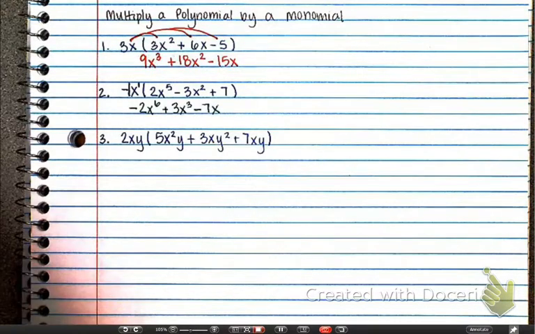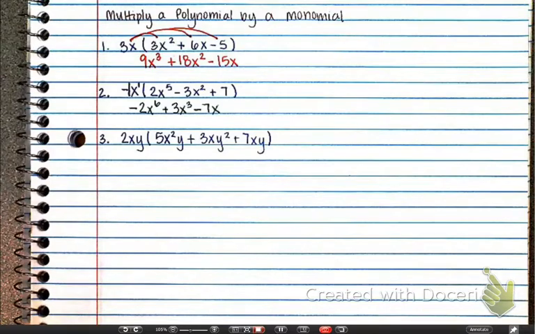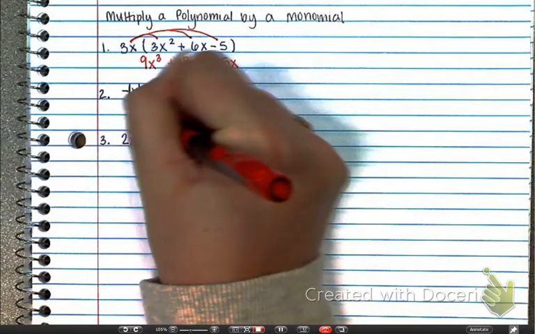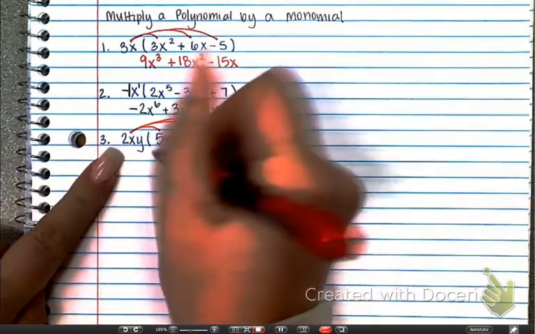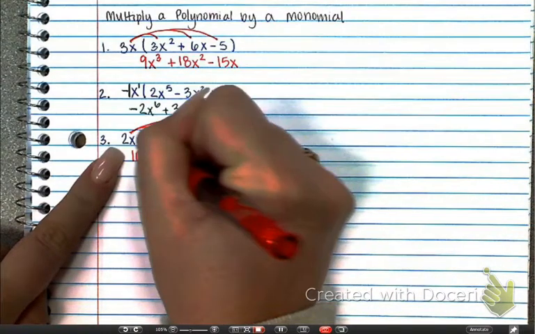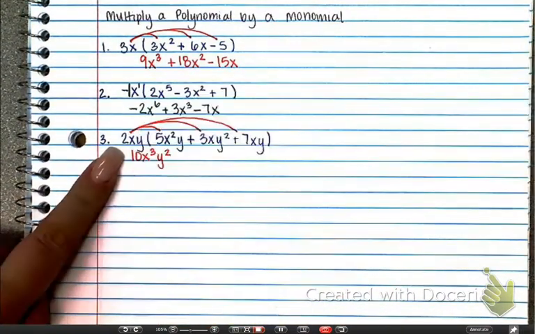Okay. If I multiply through, I have 10x to the third y squared for my first term. So far, so good? Yep. Okay.